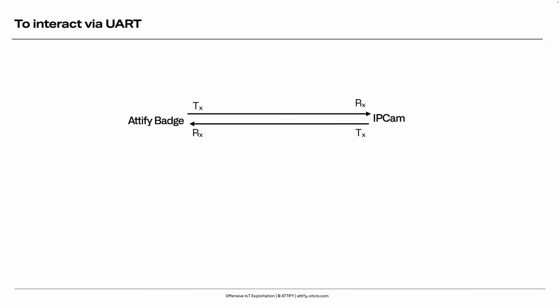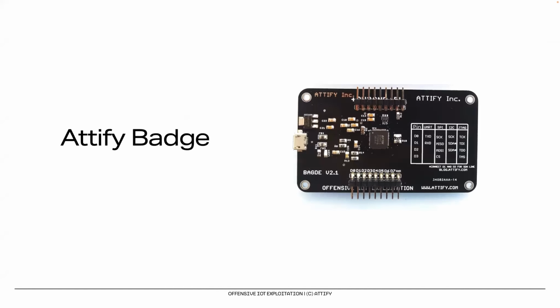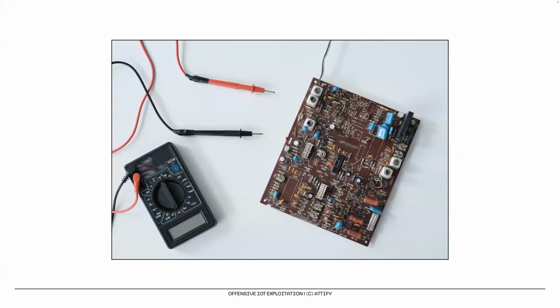To interact with any device which has UART, you can either use an FTDI breakout or a device such as the Attify Badge, which allows you to interact with UART chips. You connect the Attify Badge's TX, which is D0, to the RX of the device that you're working with, and D1, which is the RX of the Attify Badge, to the transmit of the device that you're working with. And that will allow you to hook up the transmit and receive.